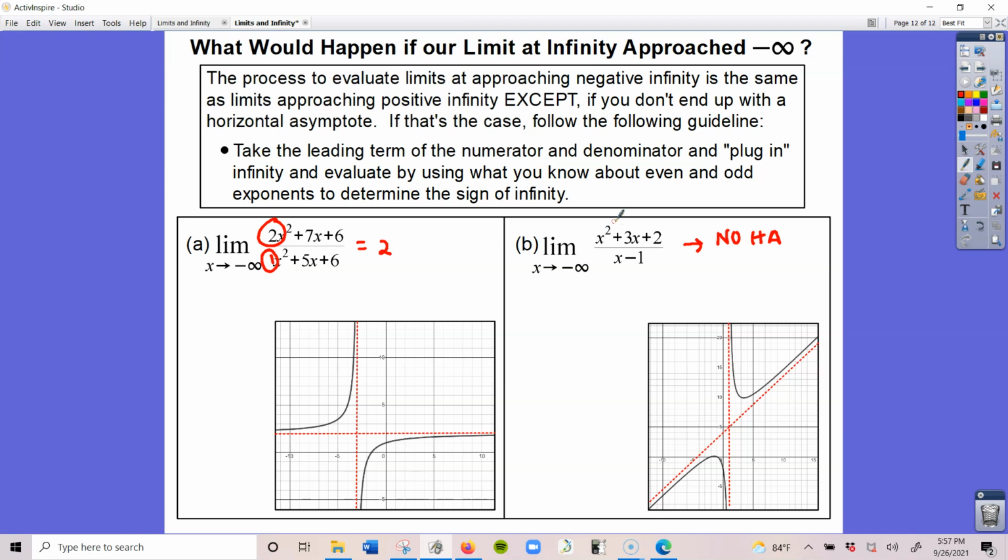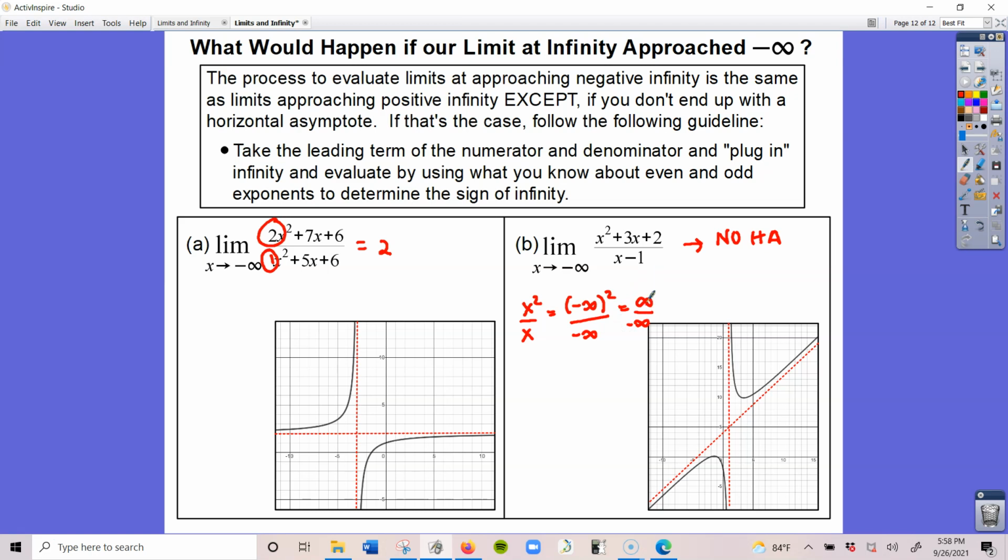So in the numerator, my leading term is x squared, and in the denominator, my leading term is x. So let's plug in negative infinity. Negative infinity squared is going to give you positive infinity, since anything raised to an even exponent will be positive. And then in the denominator, we have negative infinity.